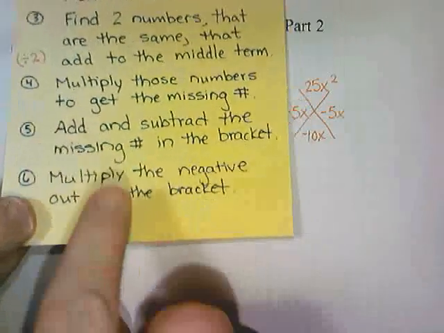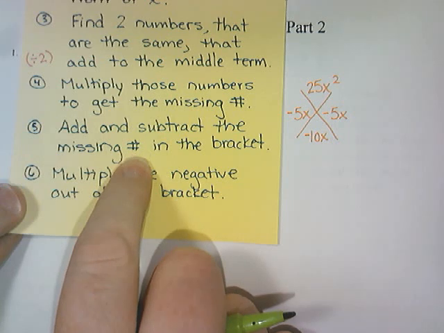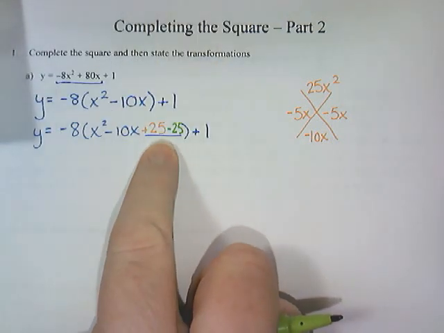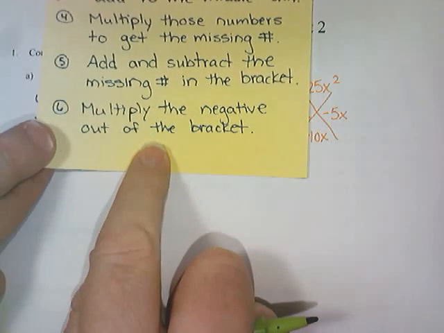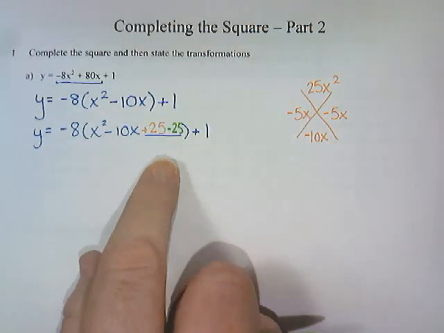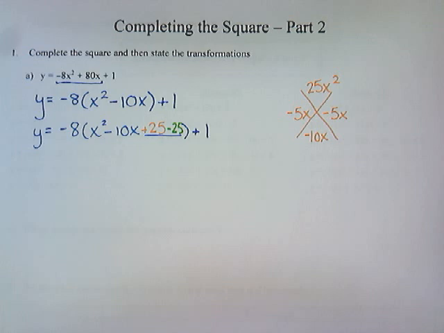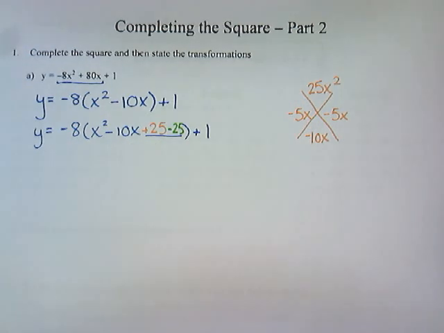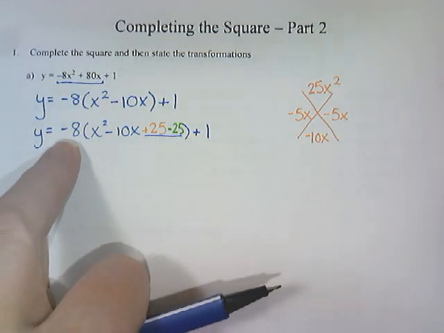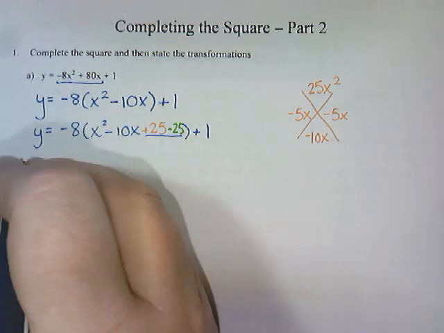And that actually was the next step. It says add and subtract the missing number in the bracket, which I have done. And then it says multiply the negative out of the bracket. So in here, that negative 25 is there because I can't just randomly add a 25, but I don't want it in the bracket. So we multiply it out of the bracket. The whole reason it's in the bracket is to show that we're multiplying by negative 8.